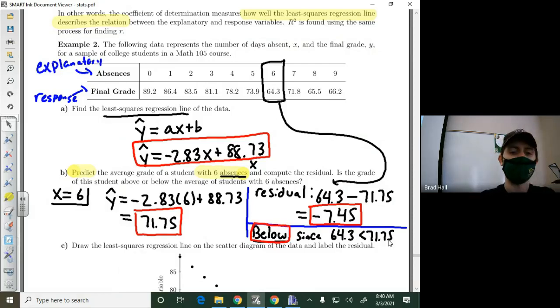So they're asking, is the observed value above or below the predicted value? That's what that last sentence is asking.